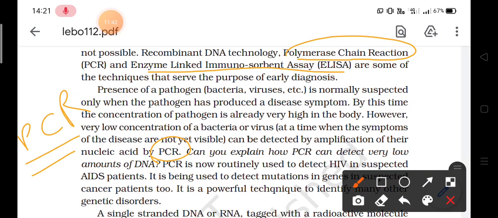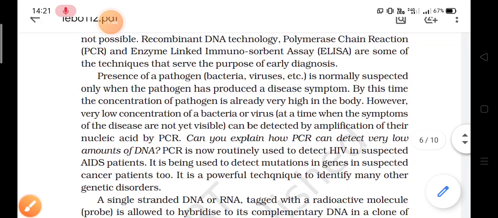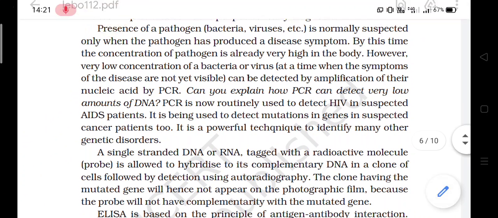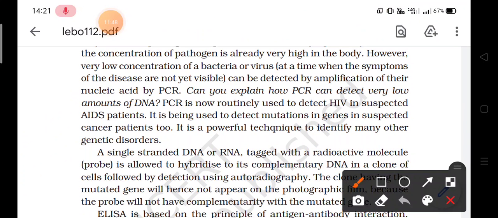What will be done? Polymerase chain reaction is used to detect HIV in suspected AIDS patients, and it is also used to detect mutations in genes and in suspected cancer patients too.